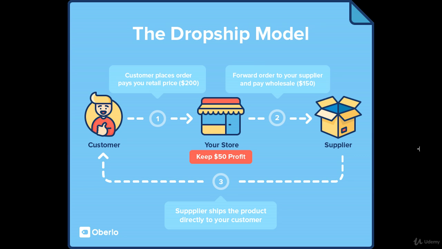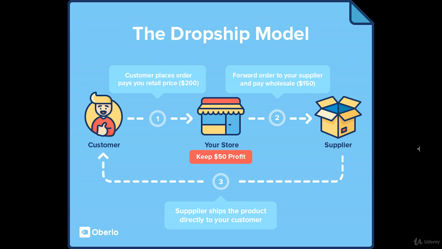So we look for a supplier that sells the same product for less than $200. And in this example, the supplier sells the product for $150. So the customer buys from us for $200, we buy from a supplier for $150, and we send that product that we bought from the supplier directly to the customer, and then we can keep a $50 profit.